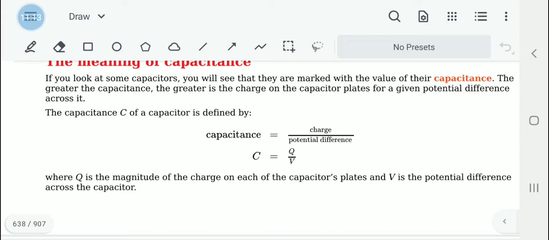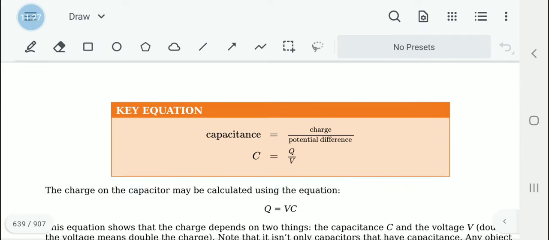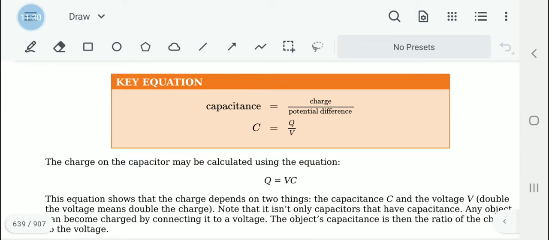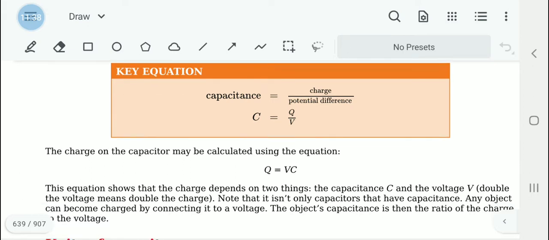Because both of them are equal, that equal charge is what we take, not the sum of that, but each charge. V is the potential difference across the capacitor. So C equals Q upon V, or Q equals VC. That is something that we need to remember. So that's a key equation.